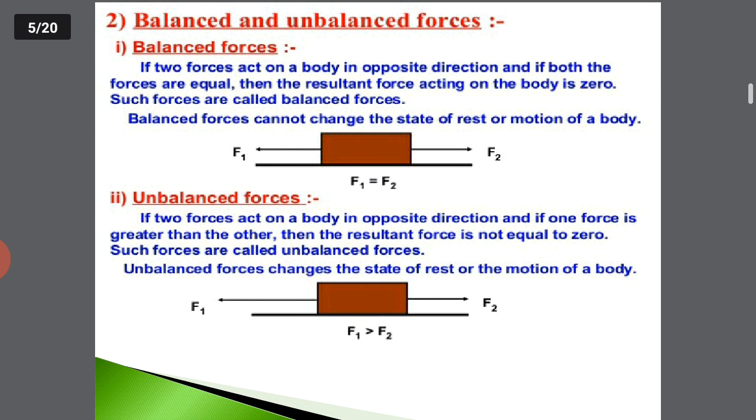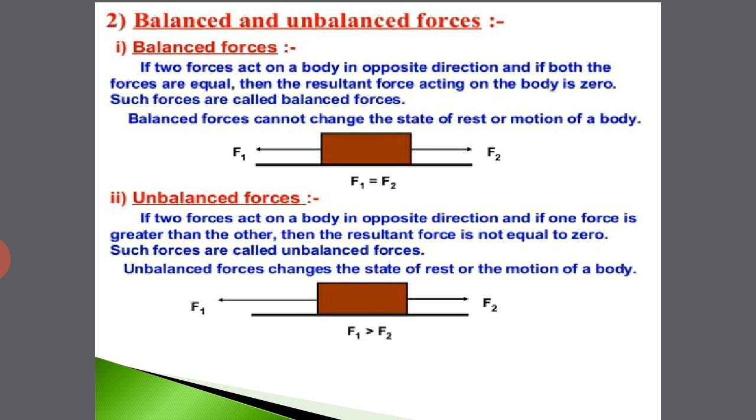So let's study two types of force. One is balanced and the other is unbalanced force. If two forces act on a body in opposite directions and if both are equal, then the resultant force acting on the body is zero.